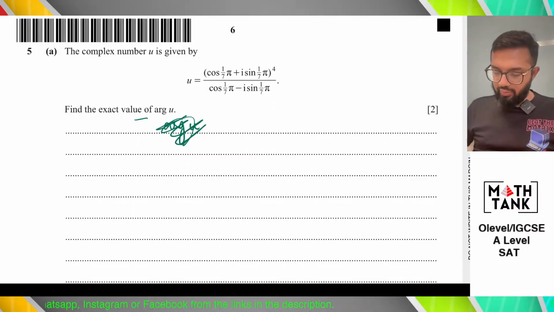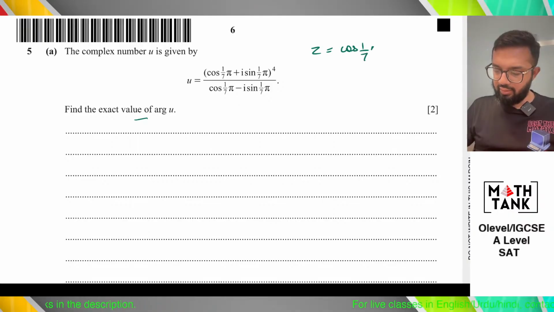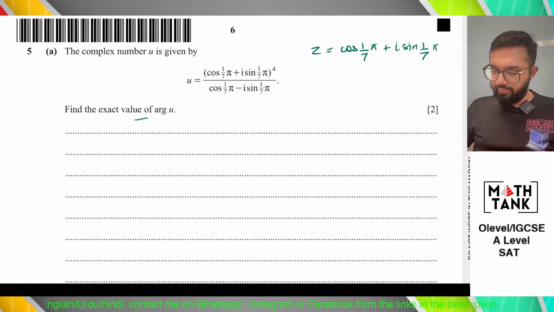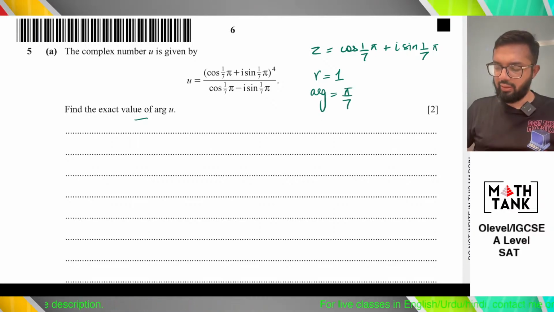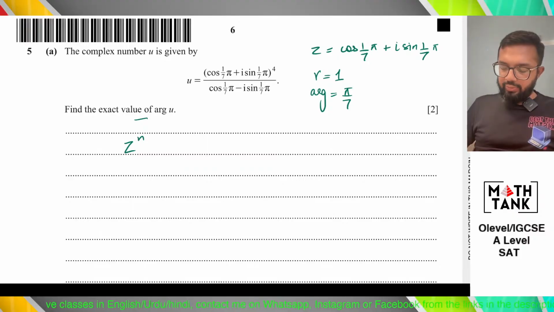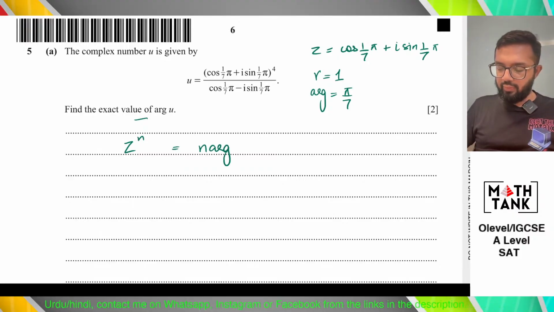Okay, so what I see is this complex number in the form cos 1 over 7 pi plus i sine 1 over 7 pi. Now, if you remember the rules for modulus and argument, this complex number has a mod of 1 and an argument of pi over 7. The rule for z power n was that this would have n times the argument of z.